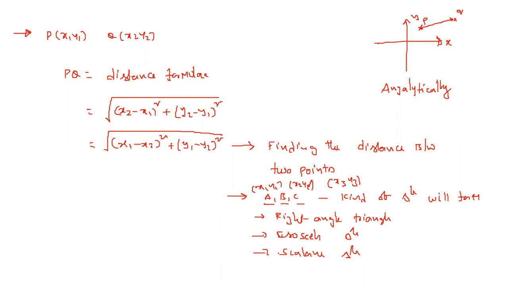If I know the angles, I can say very clearly this is an isosceles triangle, this is a scalene triangle, this is a right angle triangle. With the help of the sides, how can we identify whether it is an isosceles, scalene, or right angle triangle?